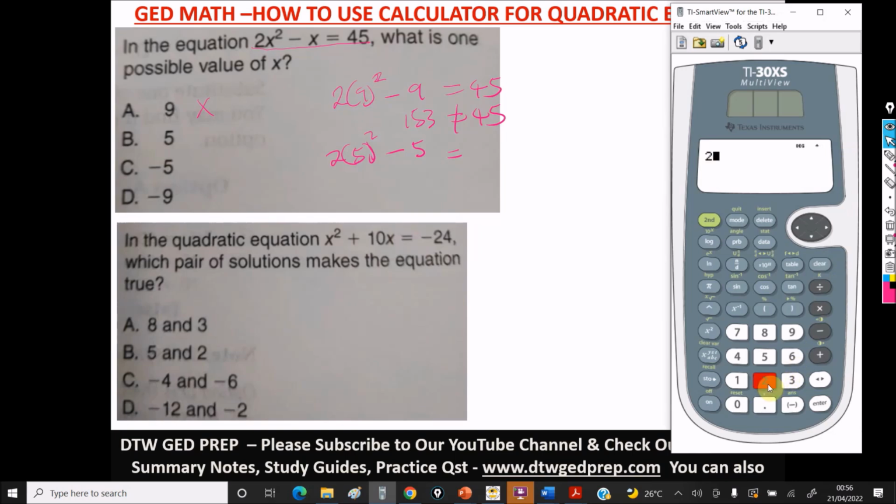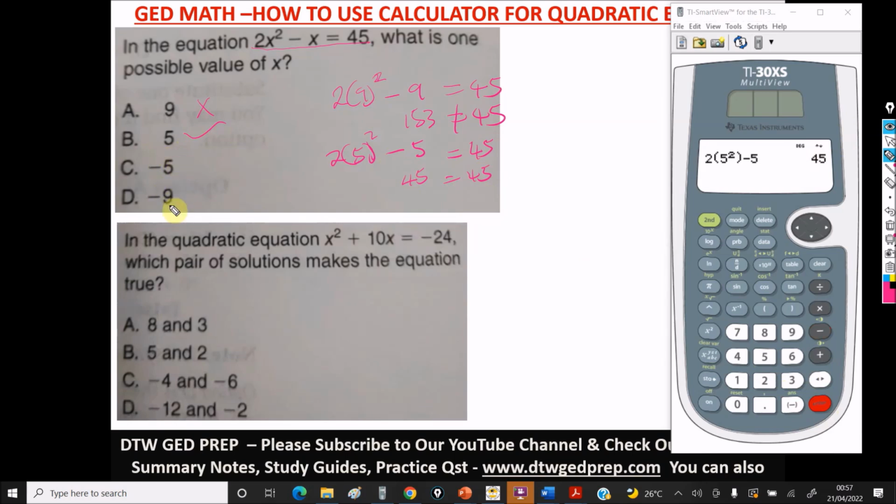So you have 2, parentheses 5, square, minus 5, enter. You can see here we have 45. So the correct answer is equal to 45, and definitely this is the right answer.